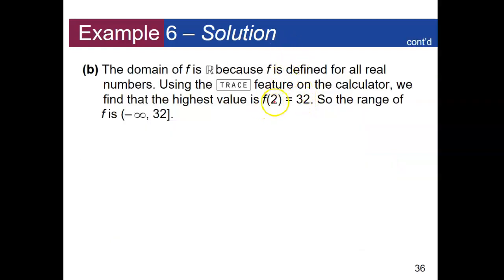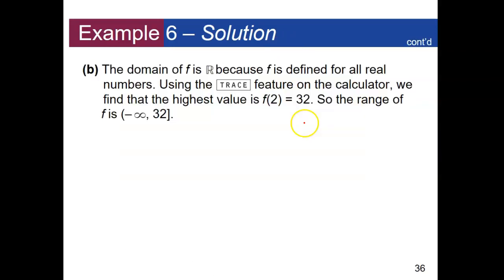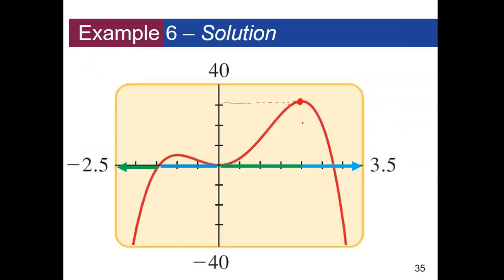So if you use that feature on your calculator, what you're going to find is that this point here is the point (2, 32). It looks a little different than that because our scale on the x-axis is showing 0.5s. So this would be 0.5, 1, 1.5, and 2.